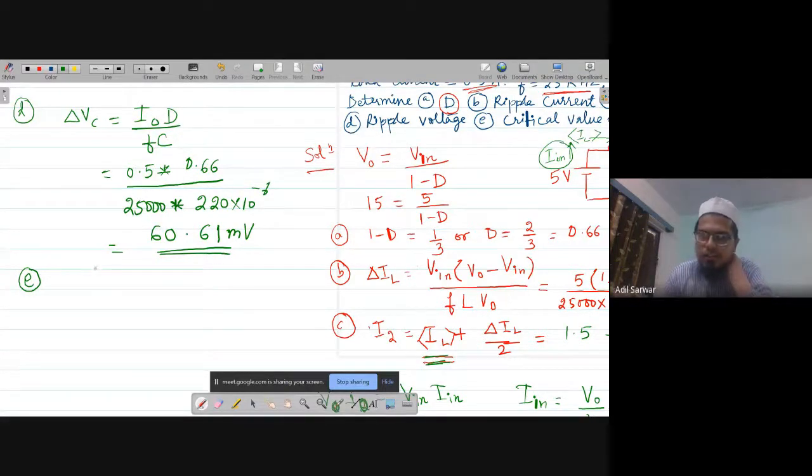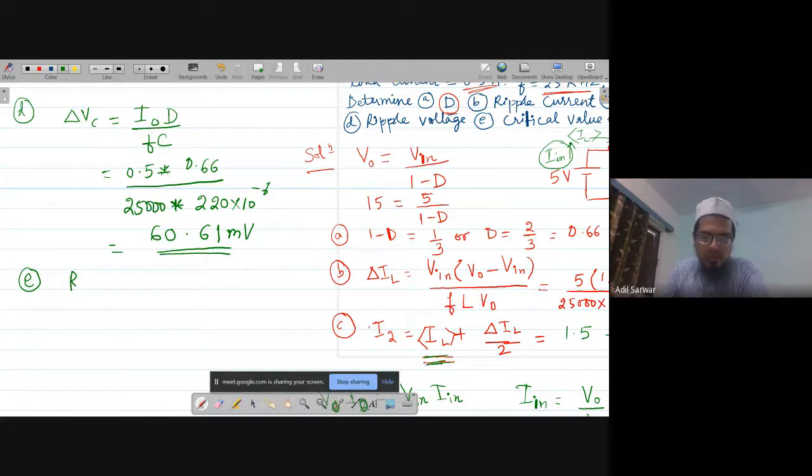The critical value is that value of inductance which ensures that the current in the inductor is always in continuous conduction mode. It is never going to zero. So if that is the case, then we can find out L and C.